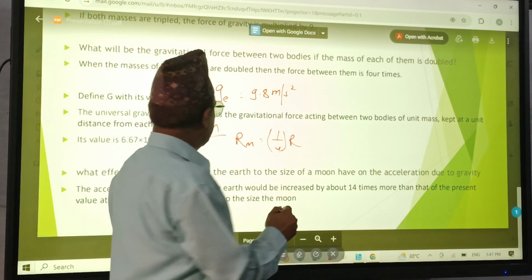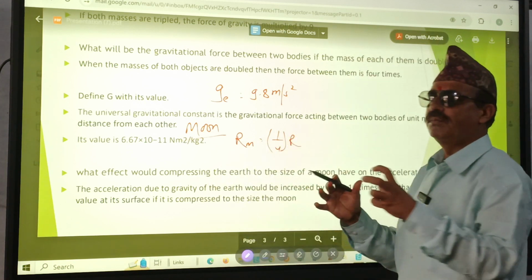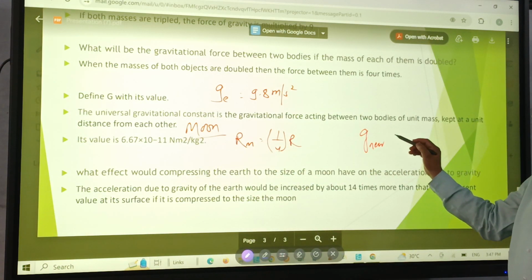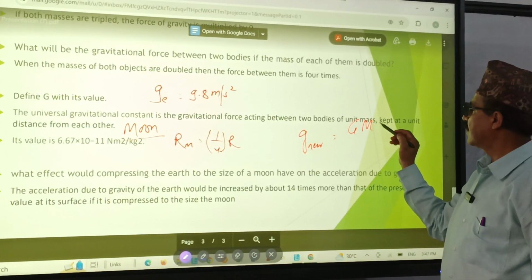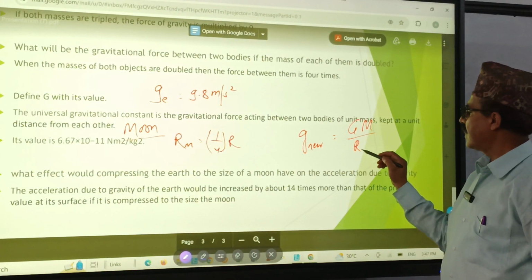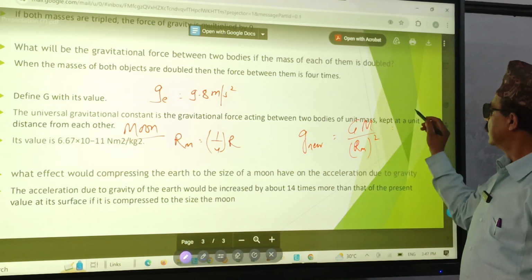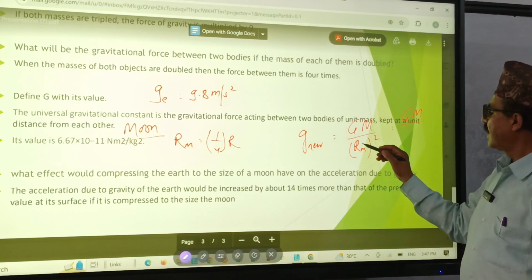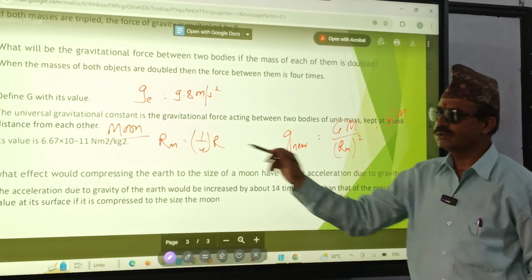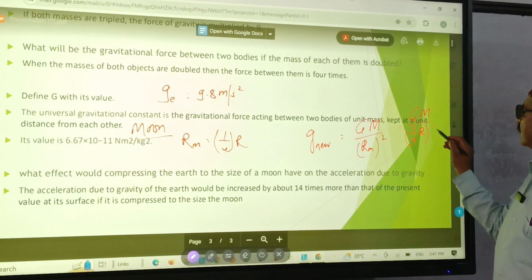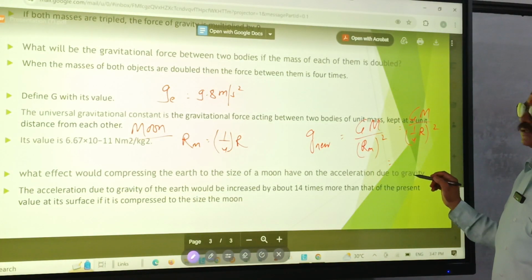So if Earth is squeezed to the size of the moon, the mass remains the same. So g new will be capital G, capital M by Rm whole square, right? So GM by Rm whole square, where Rm is how much? 1 by 4 R whole square, right? Then how much does it come?